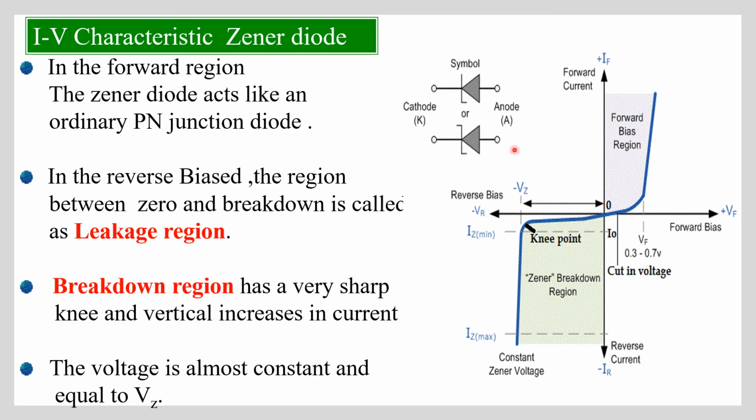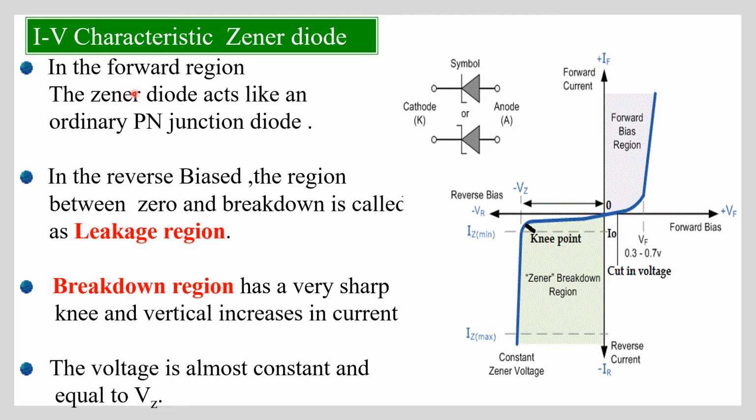Their symbol. So this is the symbol of a Zener diode. Zener diode is a PN junction diode which is heavily doped. The depletion layer is very narrow, but by varying the doping level, it is possible to produce Zener diode with breakdown voltage from 2 to 200 volts.